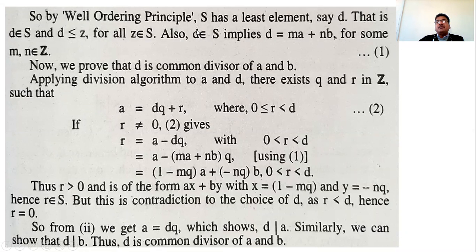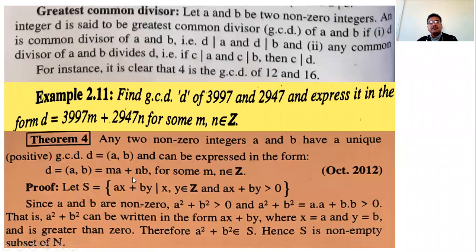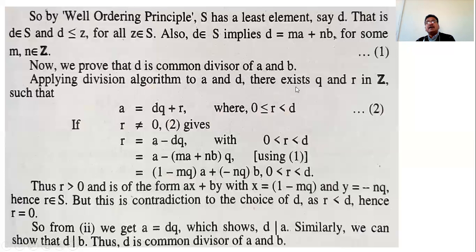And therefore, as d is an element of S, d is of the form ma + nb, because every element of S is of the form ax + by for some x and y belonging to Z. So instead of x and y here, use m and n. So d is expressed in the form ma + nb for some m and n belonging to Z, because this is the property of the set S. Once an element belongs to S, it is of the form ax + by for some integers x and y.